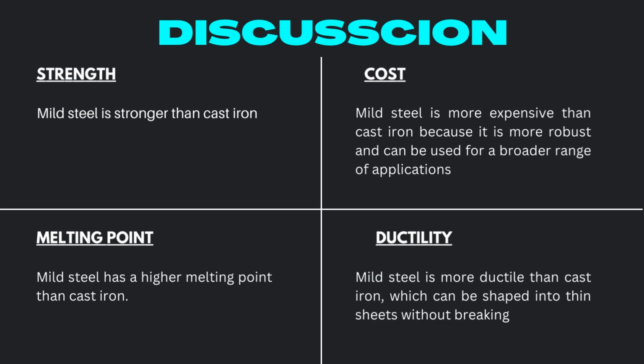Mild steel has a higher melting point than cast iron. Fourth, ductility. Mild steel is more ductile than cast iron, which can be shaped into thin sheets without breaking.